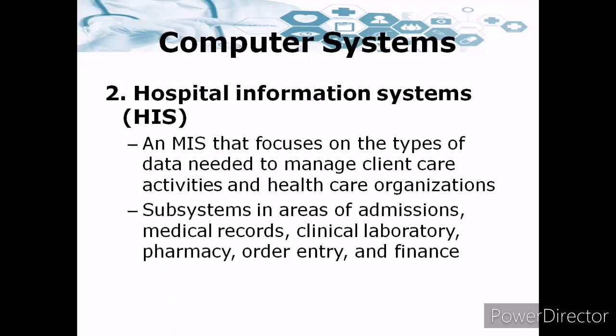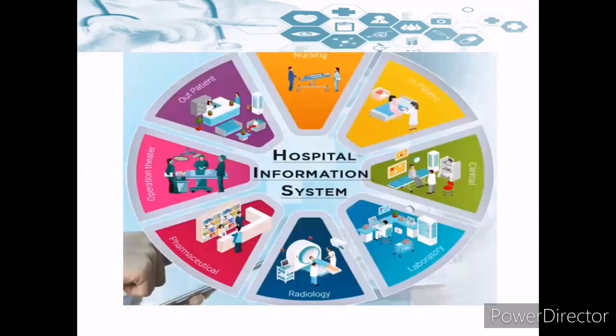It has subsystems in the areas of admissions, medical records, clinical laboratory, pharmacy, order entry, and finance. Here's an example of a hospital information system: the radiology department, pharmaceutical, operation theater, outpatient, nursing, inpatient, clinical, and laboratory. These are examples of a hospital information system.